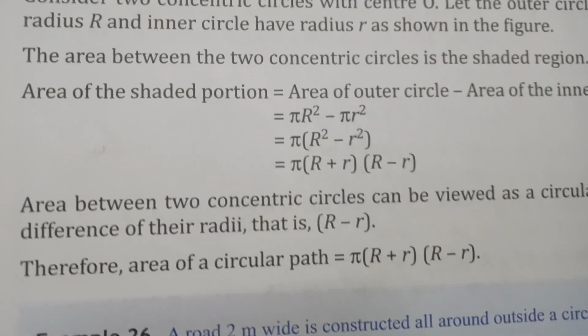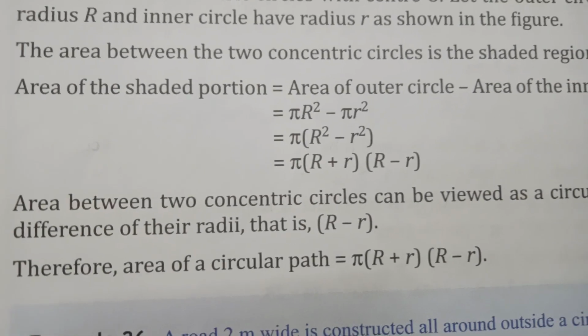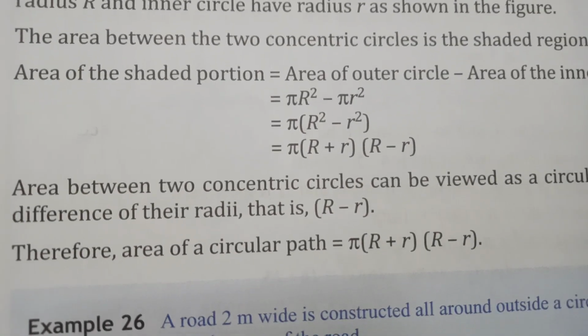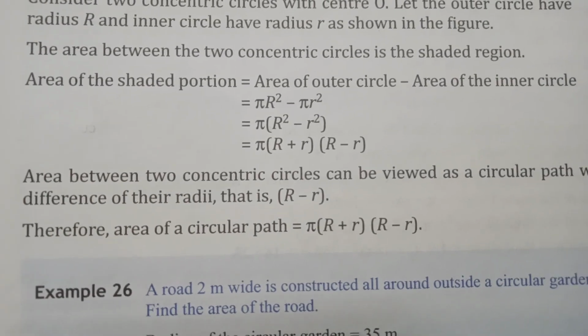Now you are seeing the area between the two concentric circles is the shaded region. Area of the shaded portion is equal to area of outer circle minus area of inner circle.